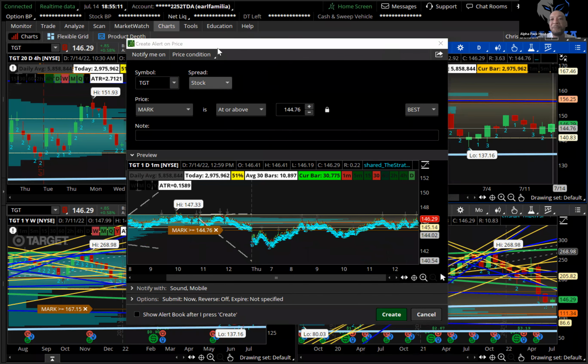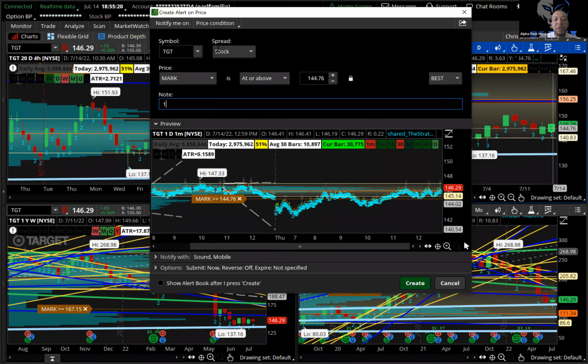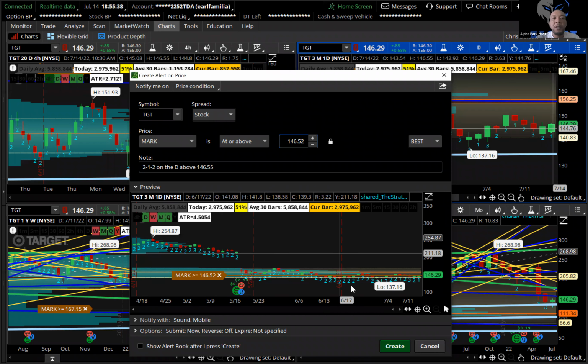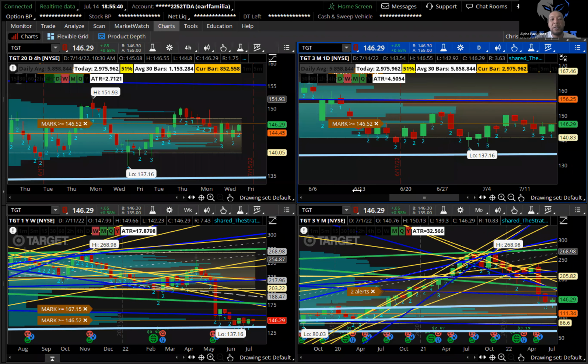So what's this? A 212 on the day above 146.55. All right, that looks like a very clean setup.